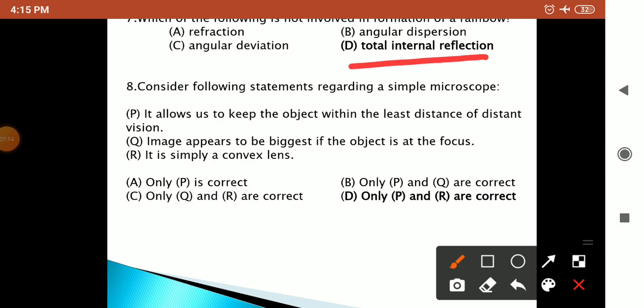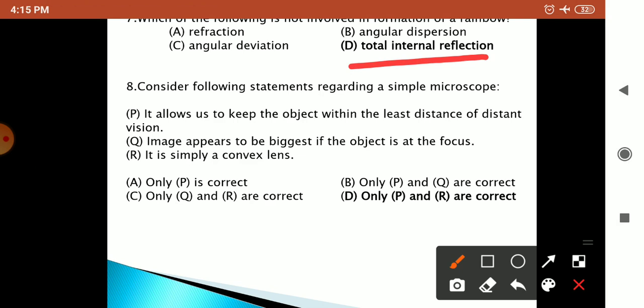Then next, consider the following statements regarding a simple microscope. First statement P is, it allows us to keep the object within the least distance of distinct vision. Second statement Q is, image appears to be biggest if the object is at the focus, and R, it is simply a convex lens.